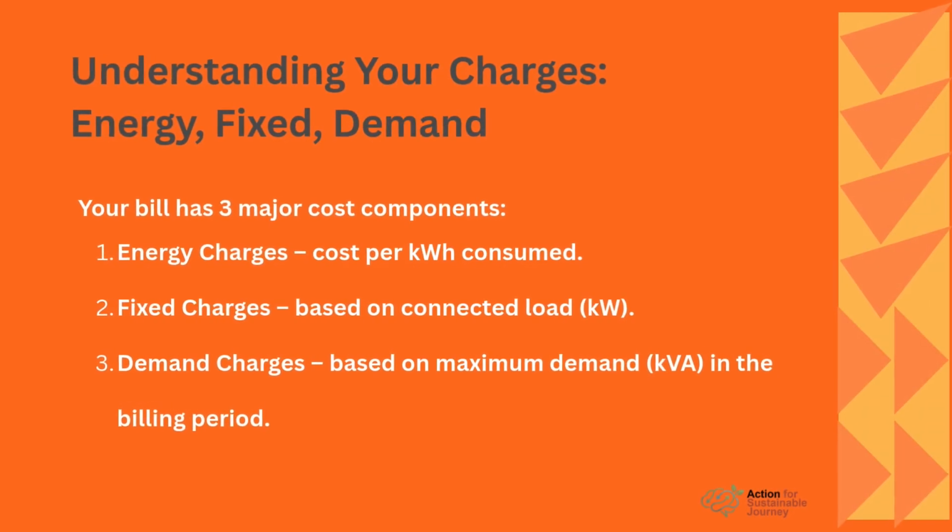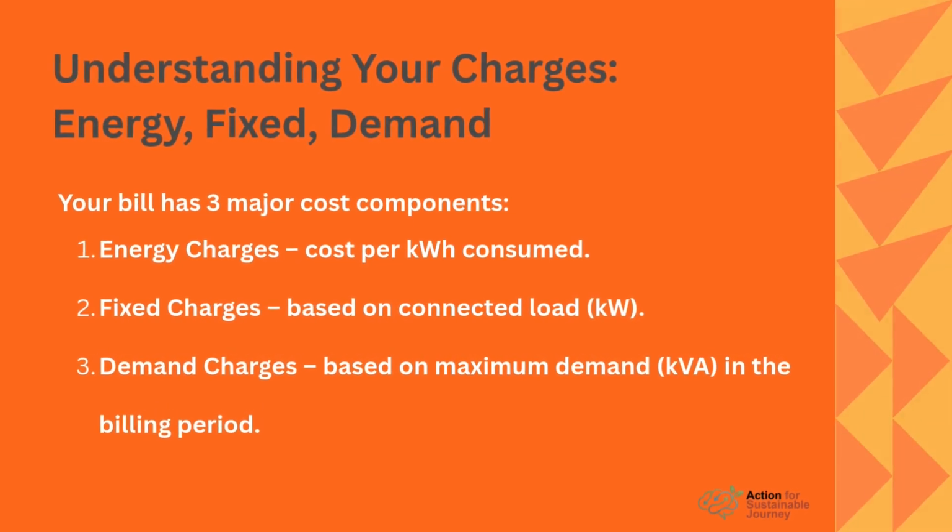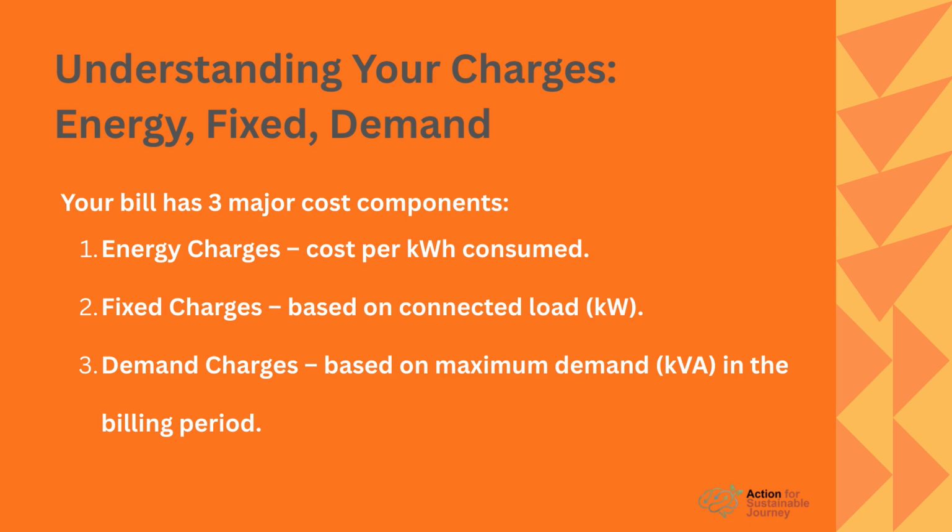Now, understanding your charges. Your bill has 3 major cost components. First, energy charges, which is the cost per kilowatt hour consumed. Then fixed charges based on connected load, that is kilowatt. Then demand charges based on maximum demand, which is kVA in that billing period.